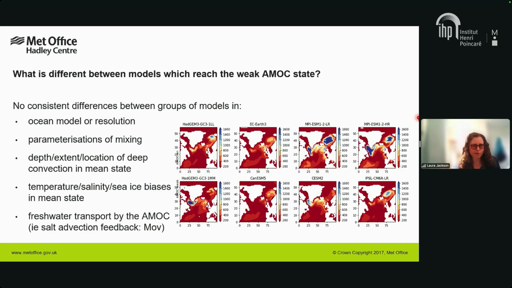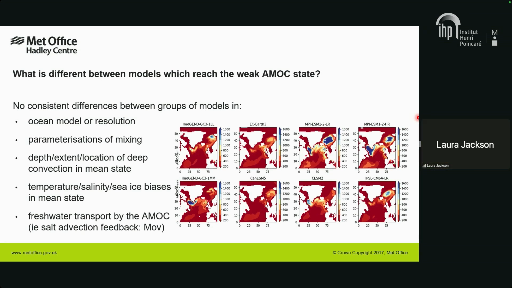This is the March mixed layer depth. And the models all have very different depths and extent and location of the deep convection. We also looked at biases in temperature, salinity, sea ice, stratification in the mean state. And then we did look at the freshwater transport by the AMOC. This is FOV and MOV. And we didn't find any consistent differences between those models which reached this weak state and those which didn't.